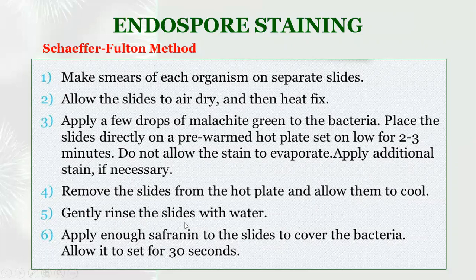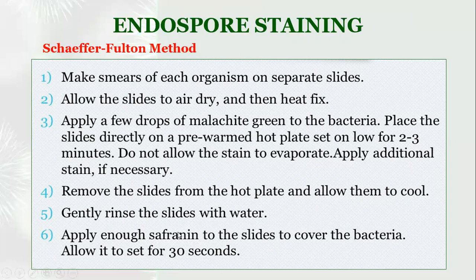Whatever bacteria don't have endospores will not take up the malachite green stain. And as they cannot take up the malachite green, they will take up the safranin dye. Whereas the endospores will take up the malachite green stain, so they will not take the safranin secondary stain.